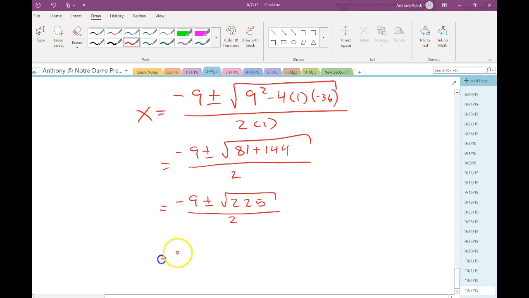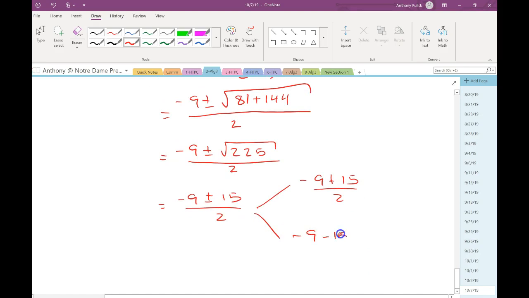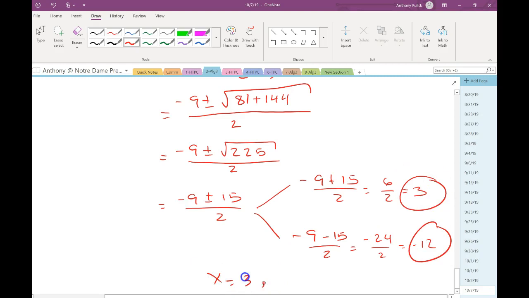The square root of 225 is 15. And then I'm going to break this into 2 different problems: the plus problem, and the minus problem. So my 2 answers are 3 and negative 12.